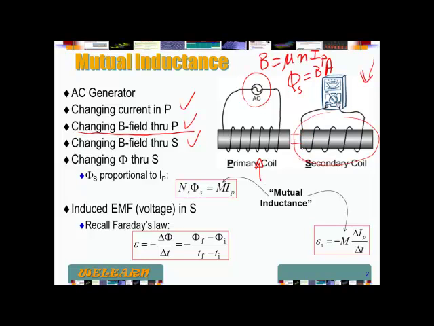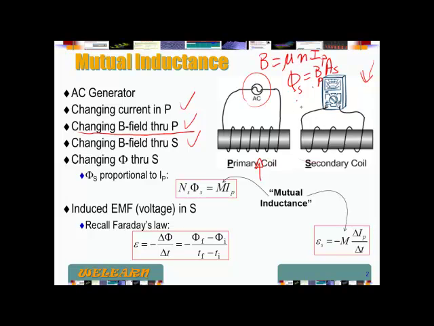So in other words, this B here, when we write the magnetic field, this B is B from the primary, and A is the area of the secondary.